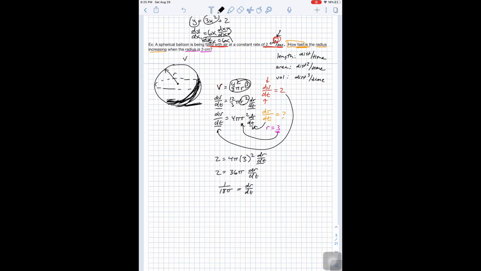And the label on this, because radius is a length, we go up here to our labeling techniques. Our lengths are measured in distance per time. Our problem has centimeters and seconds. So this is going to be 1 over 18 pi centimeters per second. That means that the radius changes with relation to time at 1 over 18 pi centimeters per second.